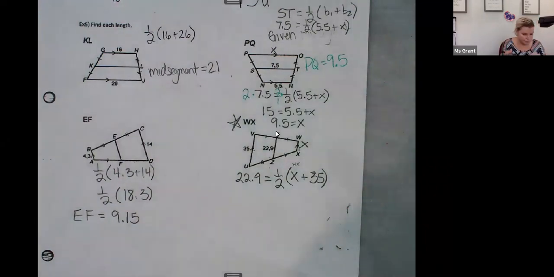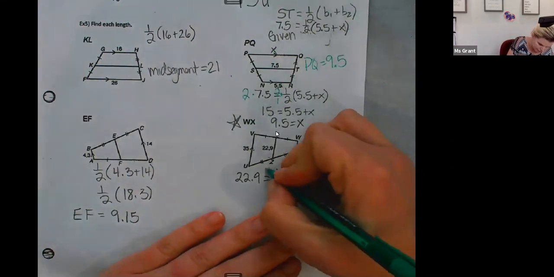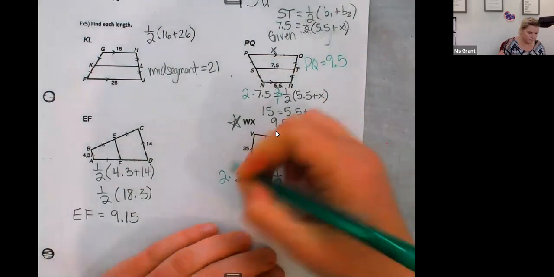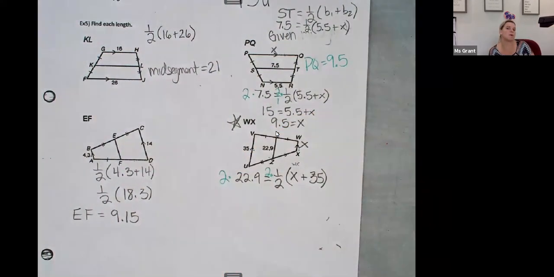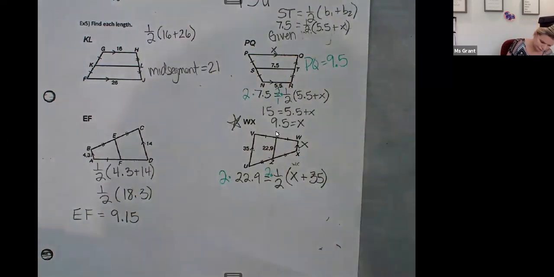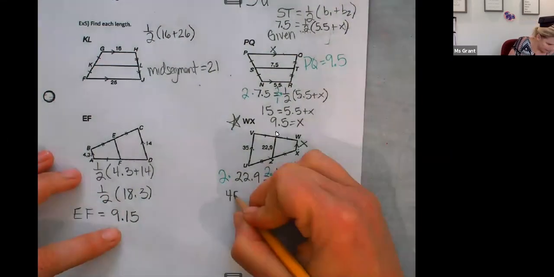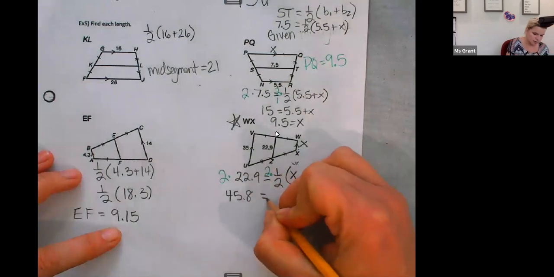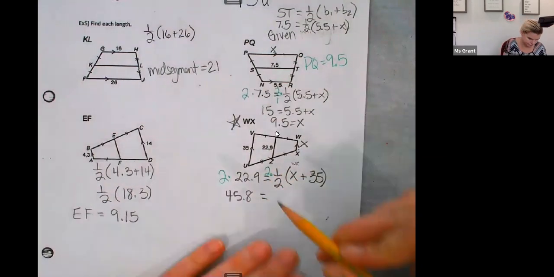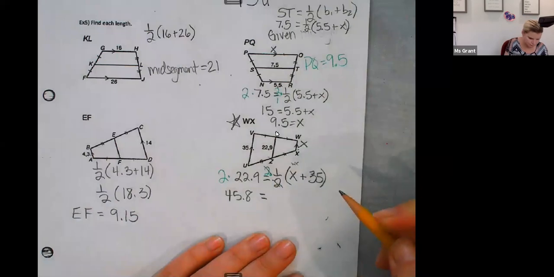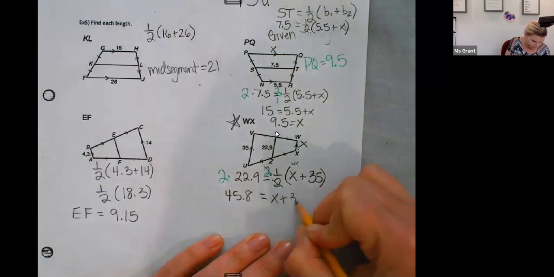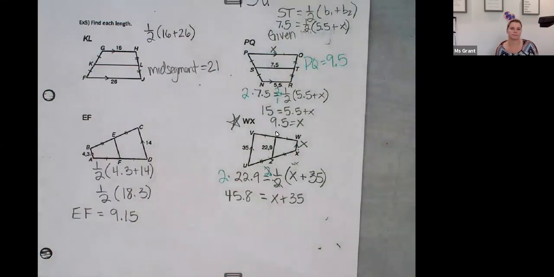Get rid of the 1/2. Get rid of the fraction. Multiply by 2. 22.9 times 2 is 45.8 equals, the fraction canceled, X plus 35.